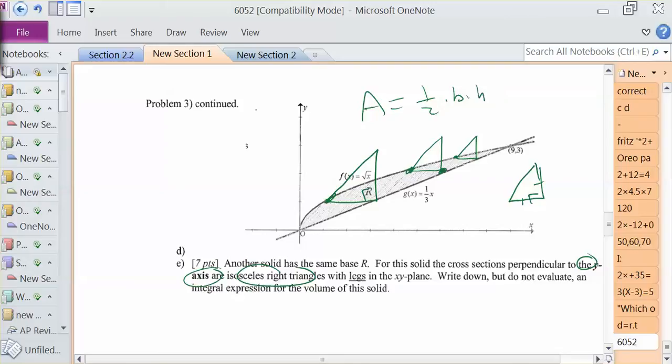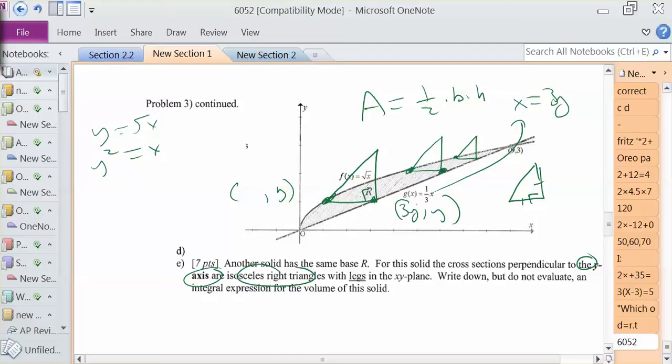And if we think about how we're going to determine the base, so again, if we label the points, generally speaking, those are both kind of the same y coordinates. And we're going to have to rewrite each equation so it's x in terms of y. So if you have y equals root x, x of course equals y squared. Or in this case, x will equal 3y.